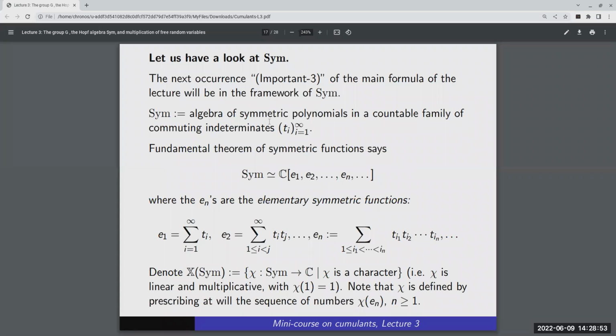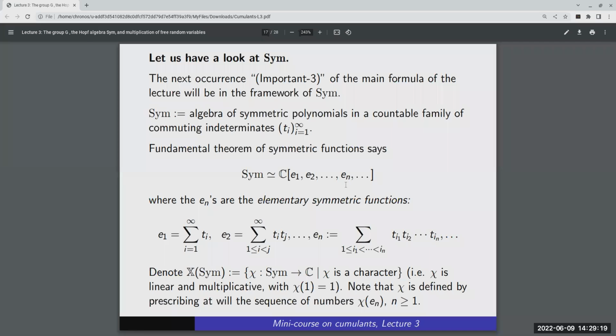The algebra of symmetric polynomials in a countable family of commuting indeterminates Ti. But actually I'm not going to think about the Ti much, because there is a fundamental theorem of symmetric functions which says that this is the polynomial algebra in elementary symmetric functions.